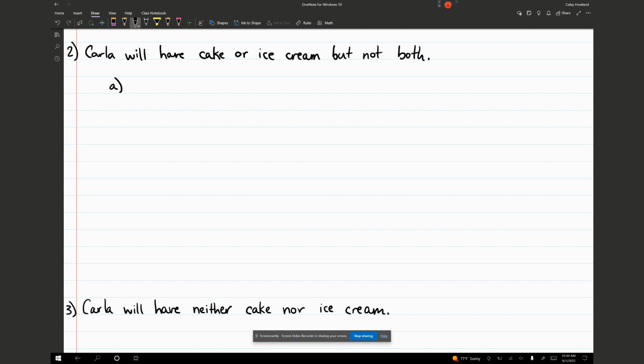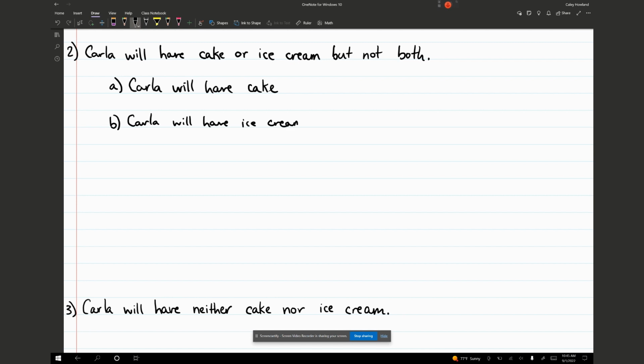And so our atomic sentences, Carla will have cake or ice cream, but not both, look to be identical to our last example, right? We have Carla will have cake and our second atomic sentence is Carla will have ice cream.